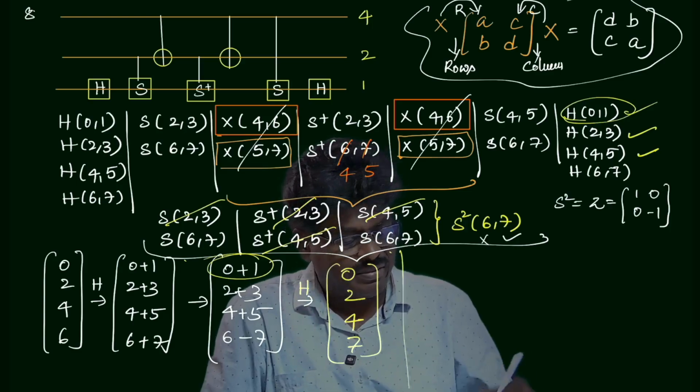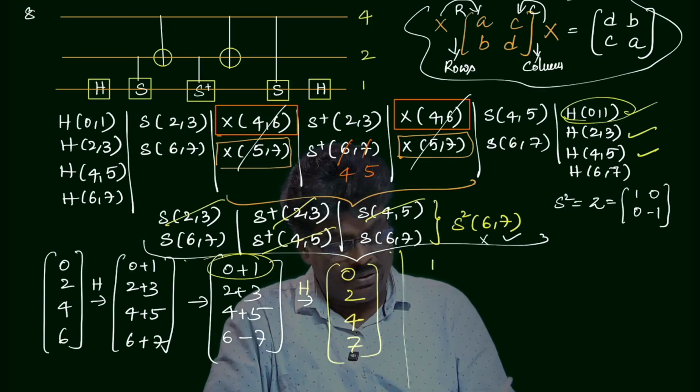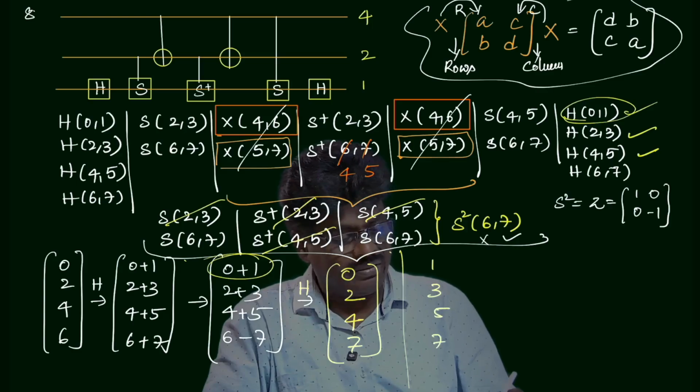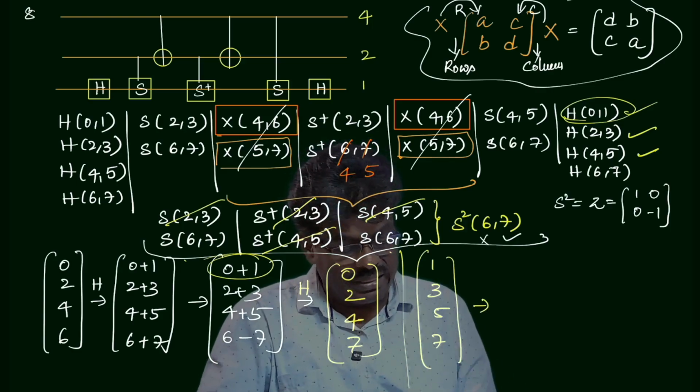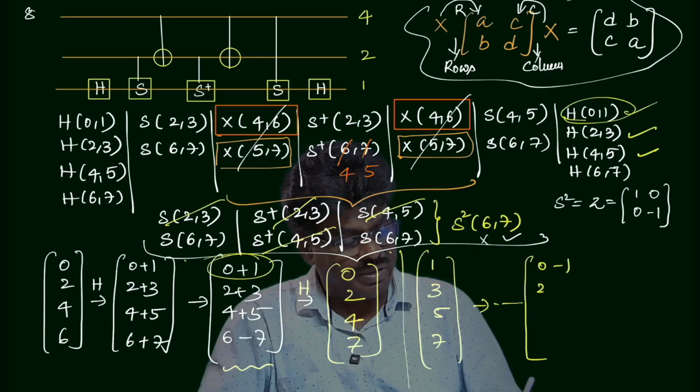That's it. And after that, if you want to write for the other input, 1 3 5 7, you need not do all these things. Directly come here and just write this, changing the sign: 0 minus 1, 2 minus 3, 4 minus 5, 6 plus 7.